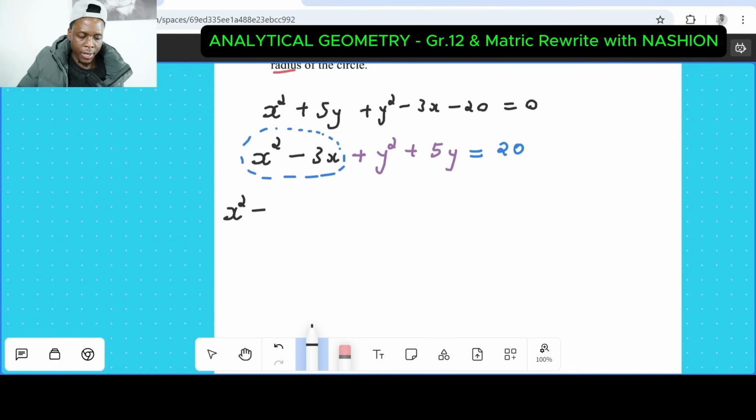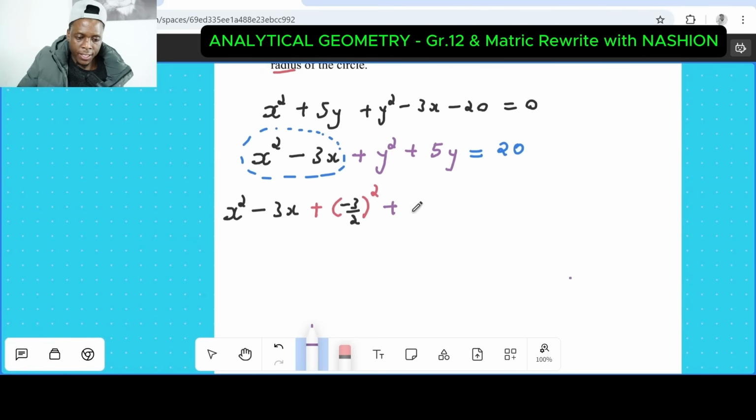Then what's next? Let's start with the x terms. X squared minus 3x. We're going to be adding something and square it. What do we add? Let's look next door. We see negative 3x. So we're going to take the coefficient of x, which is negative 3, and divide it by 2, giving us negative 3 over 2.